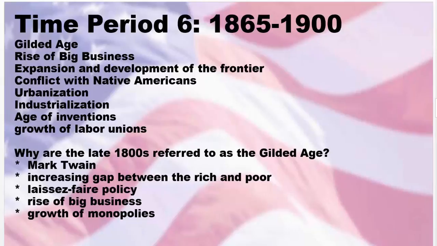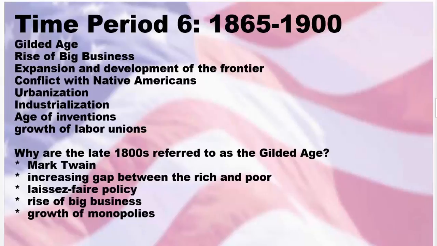And this time period of the late 1800s has many different aspects to it. We have the rise of big business, the growth of monopolies, there's industrialization, age of inventions, cities are growing, urbanization, and then when we talk on the growth of labor unions, and then we talk about the West, the frontier is developing, that leads to conflict with Native Americans. So this is a major time period for us to learn about.